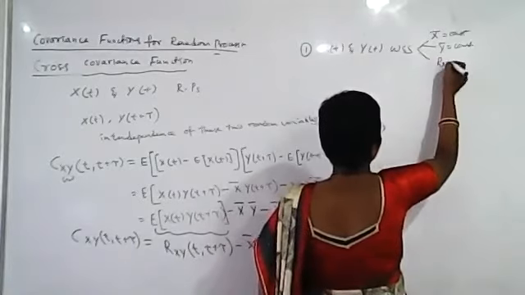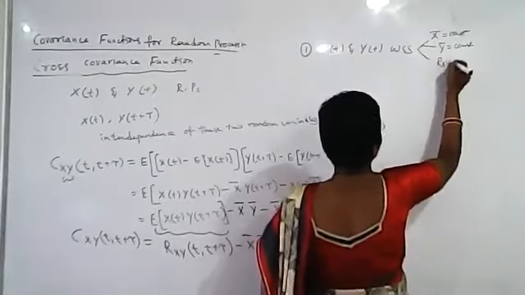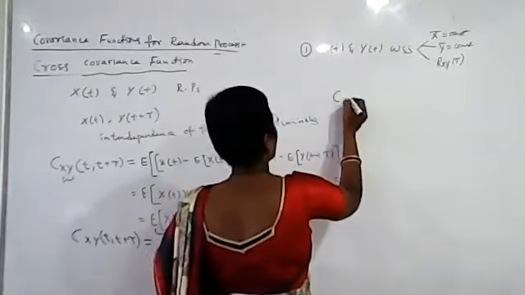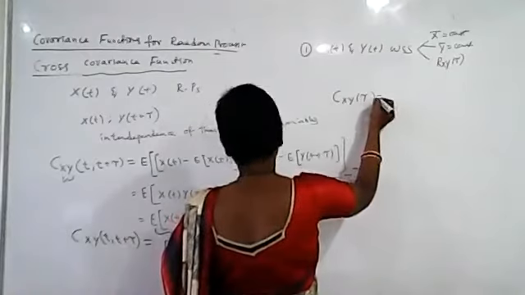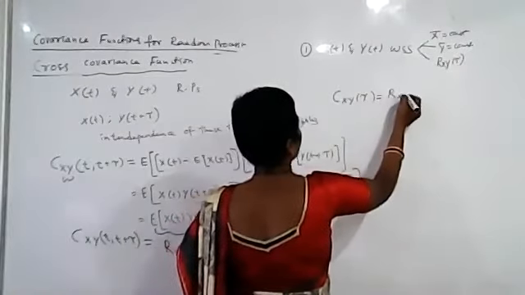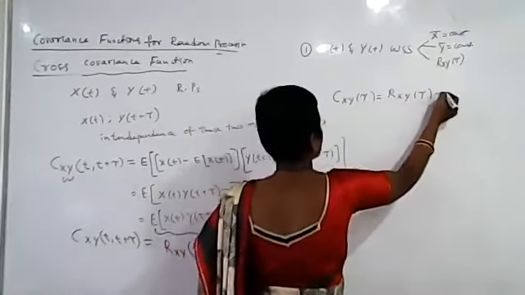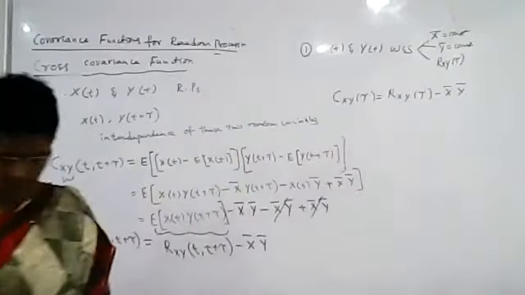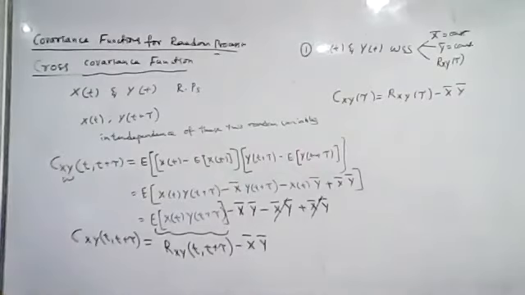So the cross correlation is a function of tau. Cxy of tau will be equal to Rxy of tau minus x bar y bar. So if x of t and y of t are jointly wide-sense stationary, then the cross covariance function is not a function of t, it is a function of tau. That is our first case.